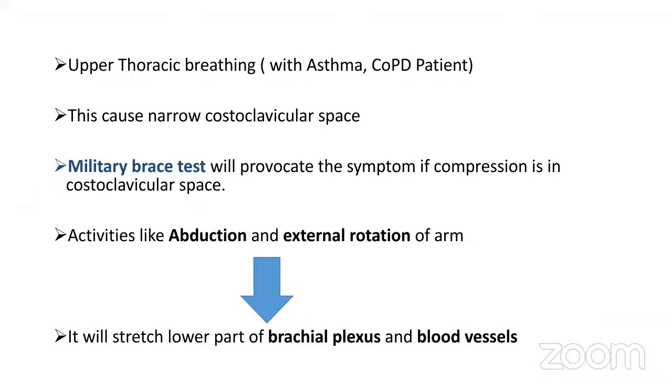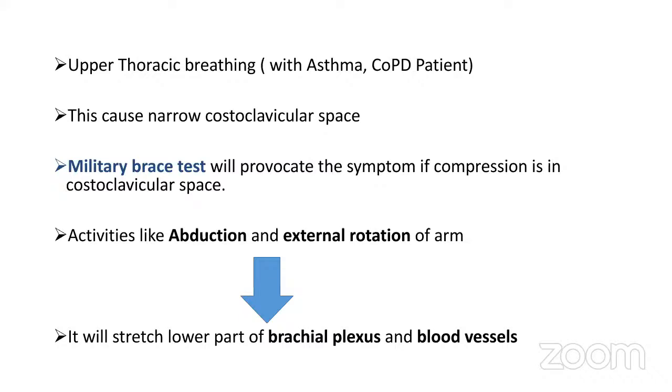Now, the other activities, like abduction and external rotation of the arm, as we can see in a sports person who is a throwing baller or tennis player or swimmer, in that there is a repetition of abduction and external rotation of the arm, and any other occupation in which abduction and external rotation is there.